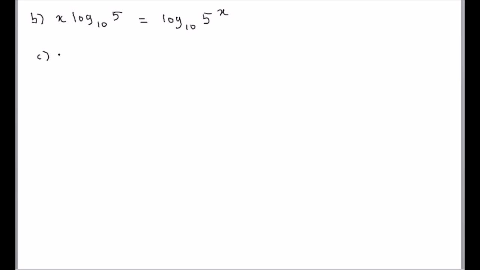And then if we have 3y log base 10 5, we can bring 3y and then we get log base 10 5 power 3y.